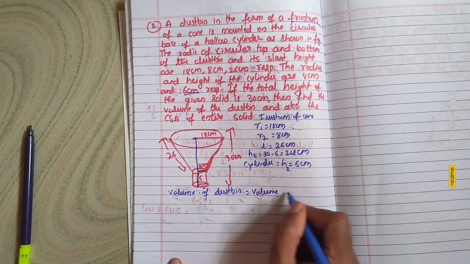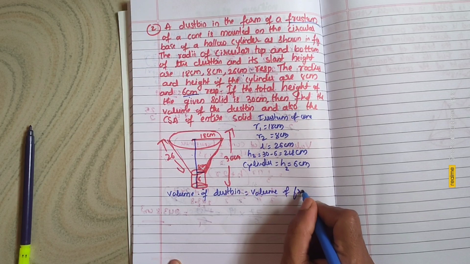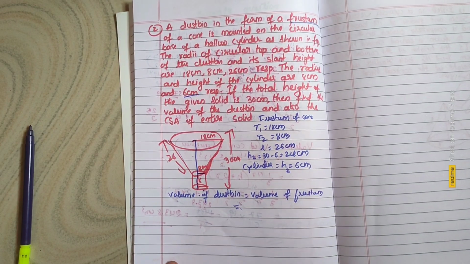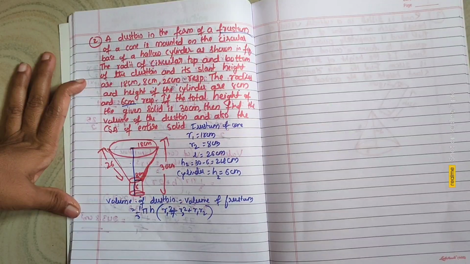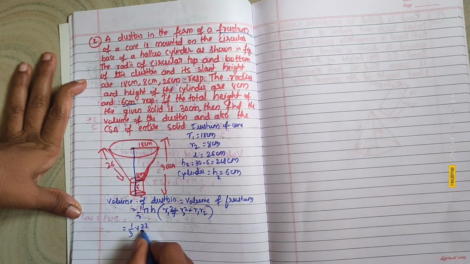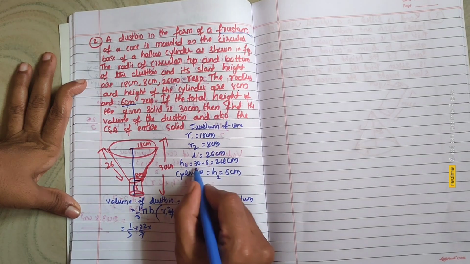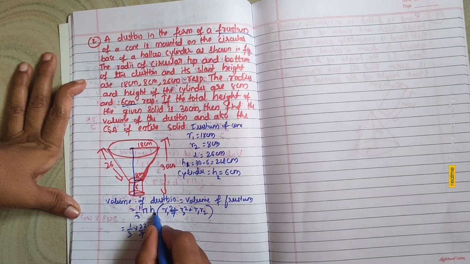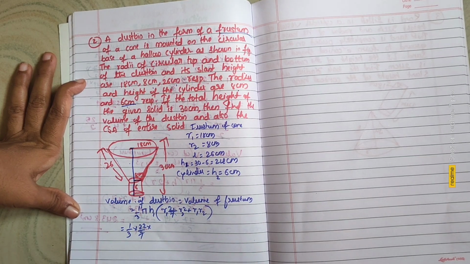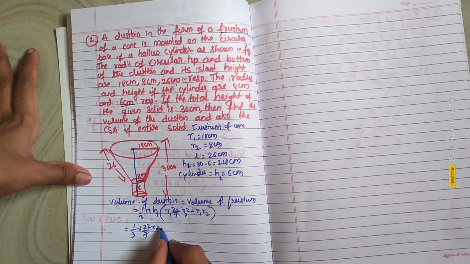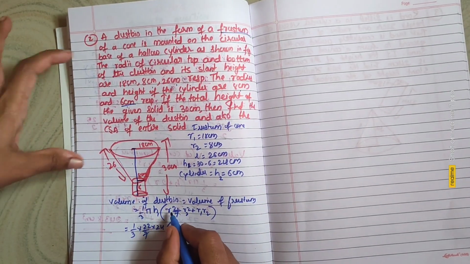Dustbin is nothing but in the form of a frustum, so that is the volume of the frustum. We already know the formula: 1 by 3, pi is 22 by 7, and H, sorry, you take H1 here. H1 is 24. R1 square. How much is R1?